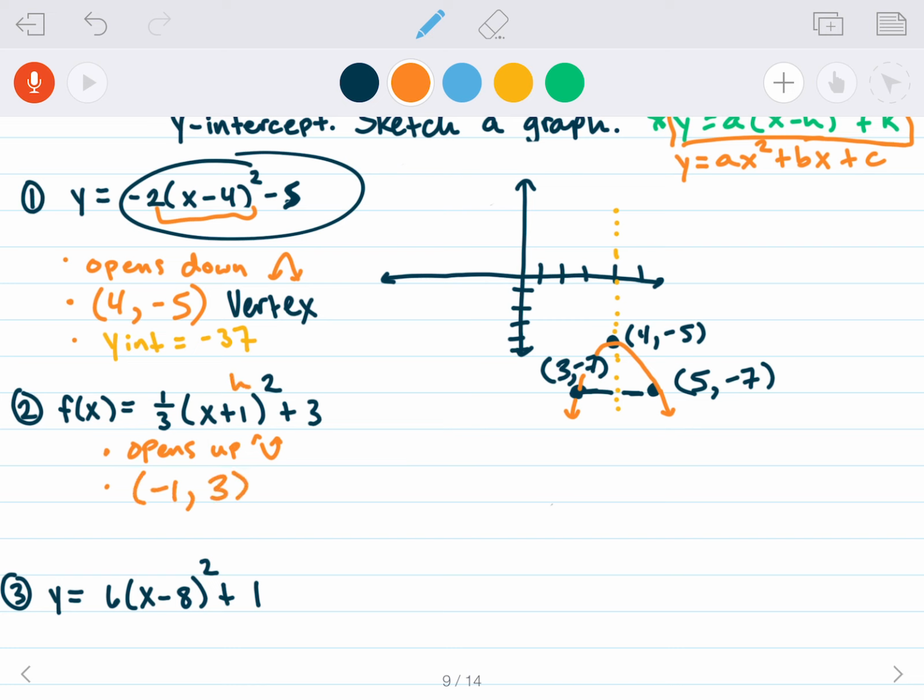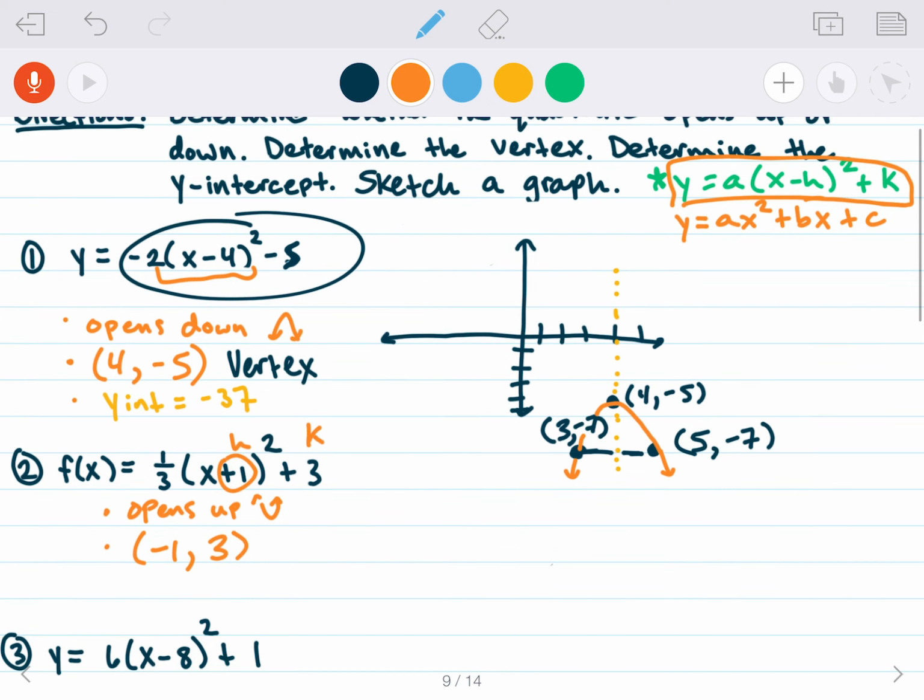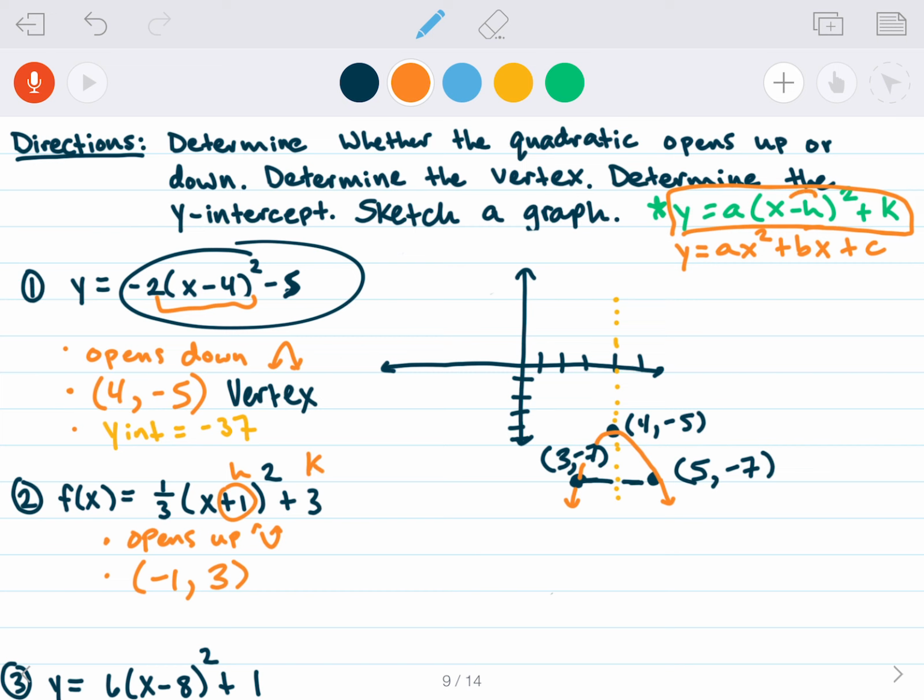The reason is that if we were to plug in h as negative 1 into the base formula, we would end up getting double negatives making a positive. So that's why the original h is negative 1. Hopefully that makes sense. If it doesn't, you can always think, well, h is the opposite of what we see. So this is our vertex, which is h comma k.